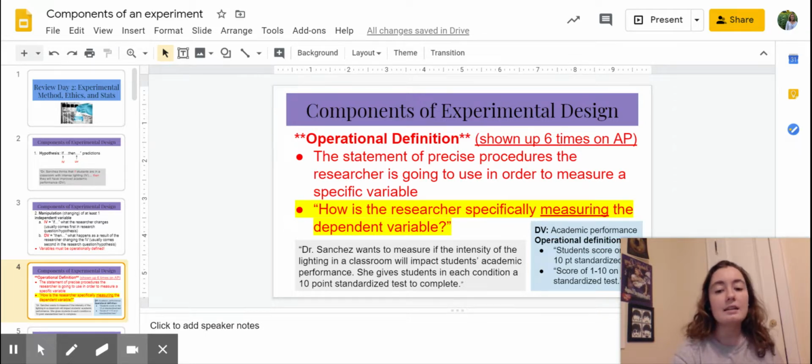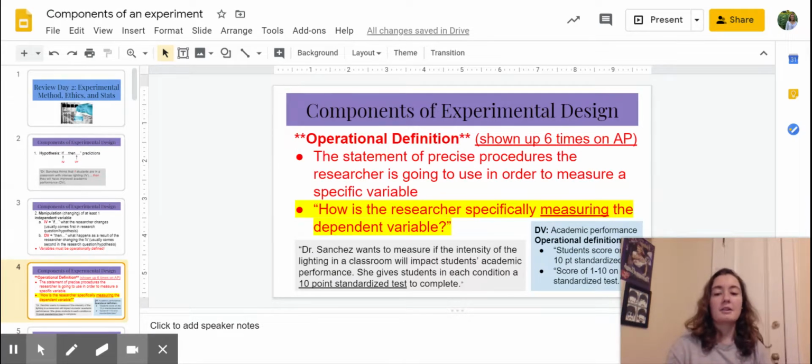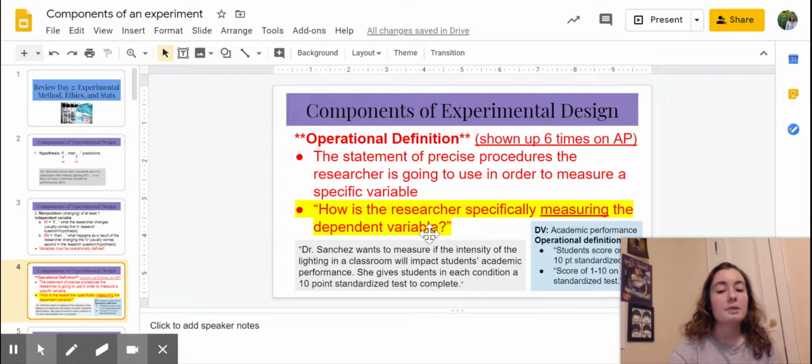And the key thing if you're reading a prompt and trying to figure out what the operational definition is, ask yourself this question as you're reading. First, find your hypothesis, identify the independent variable. Ask yourself, how is the researcher specifically measuring the dependent variable?